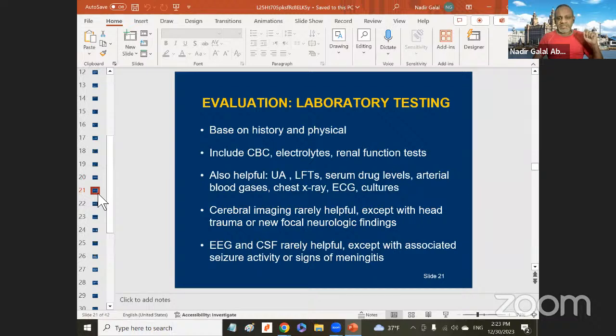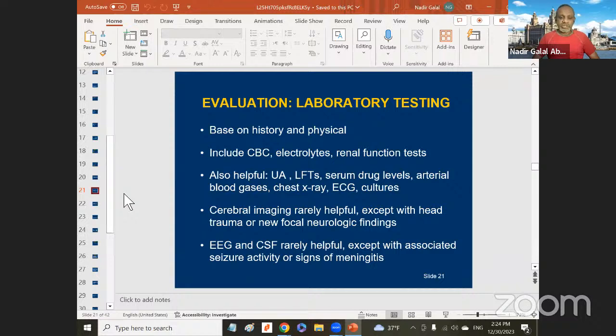As far as labs, you can order the basics, CBC, CMP, and so forth. And then you can get more imaging results. For example, I like chest X-ray to rule out pneumonia.